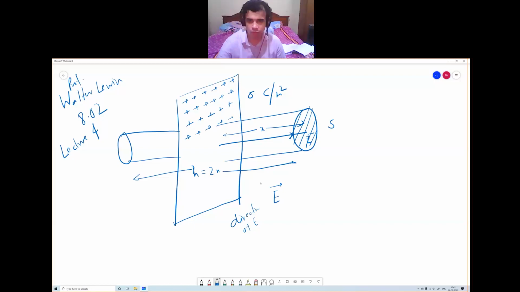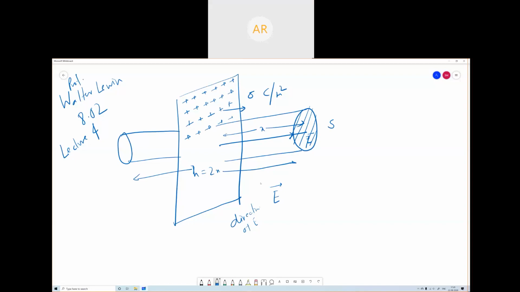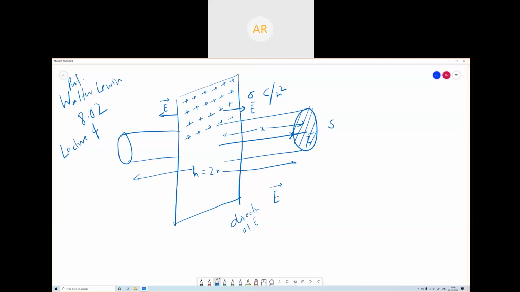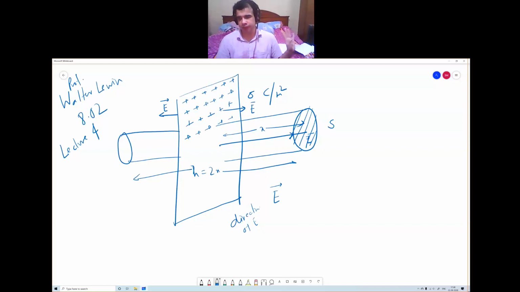Yes. So the direction of E on the right hand side is towards the right, and on the left hand side it will be outward from the sheet, towards the left, right?